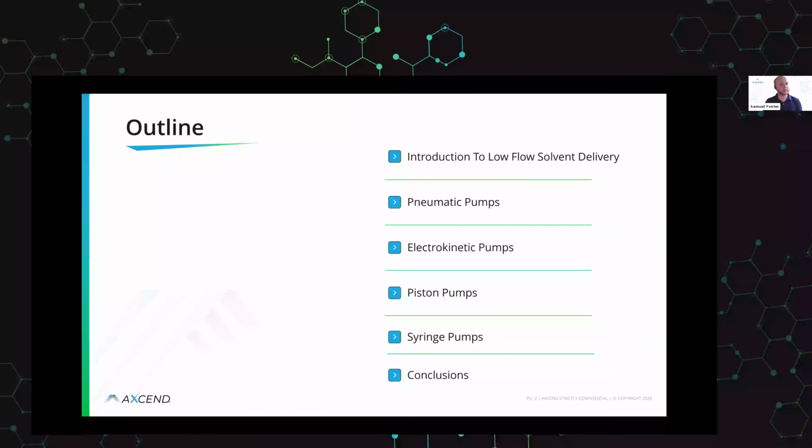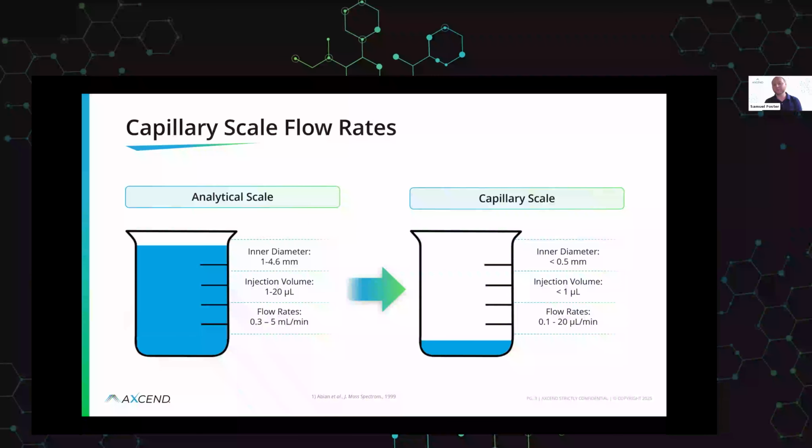So to get started, what is the difference between capillary and analytical scale? If you were at our last one, we talked in depth about this, but as a quick reminder, chromatographic scale is typically defined by the inner diameter of the column you're using. So analytical scale columns are typically between 4.6 and 1 millimeter of inner diameter, and those are typically run anywhere from 0.3 to 5 milliliters a minute.